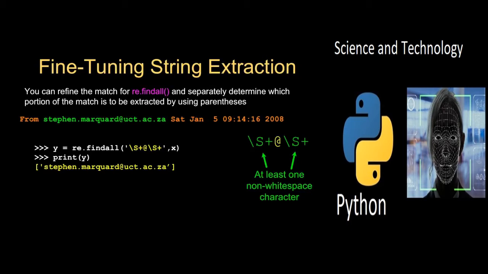Let's take a look at this little example where we have a non-blank character, \S, one or more of those non-blank characters, followed by an @ sign, and then again one or more non-blank characters. So this is looking for strings that have an @ sign with non-blank characters on both sides. This is an example of where it comes to this @ and goes this way, and it does it in a greedy manner.